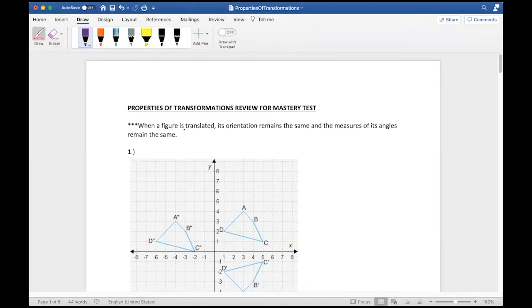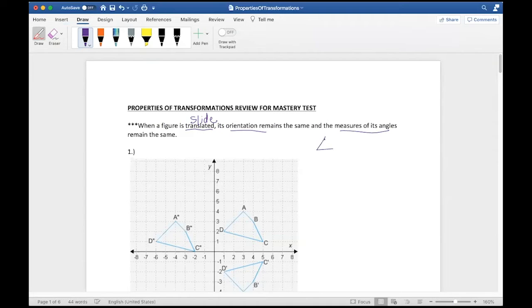Some things that are important when a figure is translated, and again, that's just another word for a slide. It's orientation, so that means the direction that it is remains the same, and the measure of its angles also remain the same.